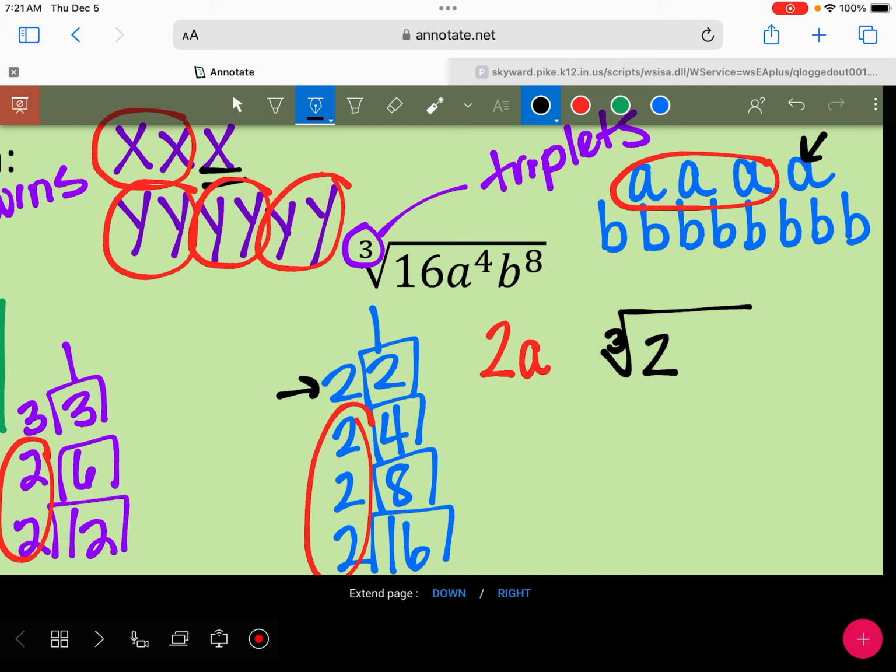And then this one did not have 2 friends, so it has to stay. And then with the B's, we have 1 set of triplets, 2 sets of triplets, so that would be B squared, because that's 2 sets of triplets. And then I have 2 B's left over, so that would be a B squared. Any questions about how we work through our bell work?